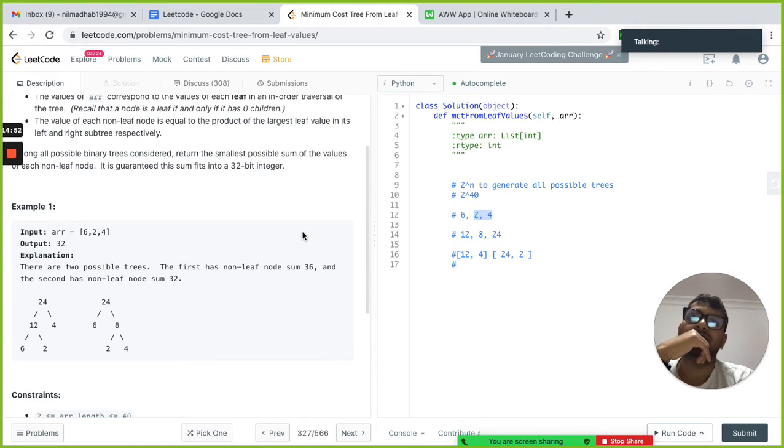The first has non-leaf node, and you can also have a sum, non-leaf node sum, and then we can combine these two.